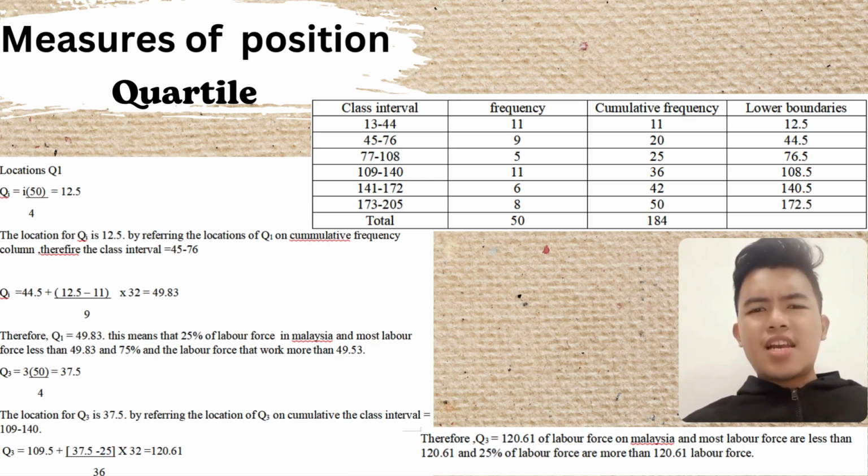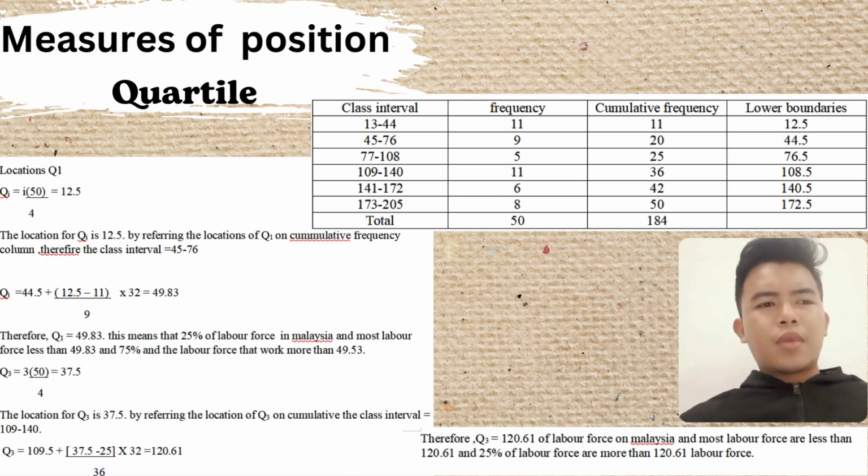This means that 25% of the labor force in Malaysia work less than 49.83, and 75% of the labor force work more than 49.83.